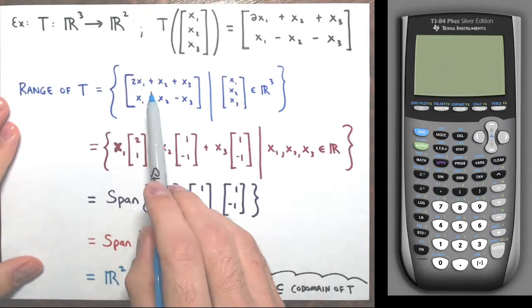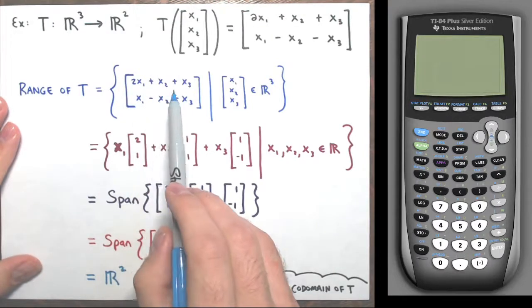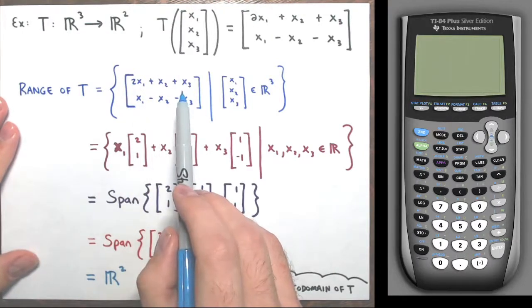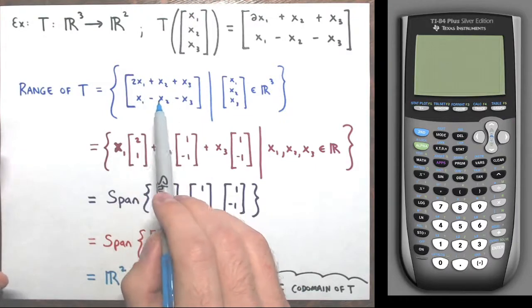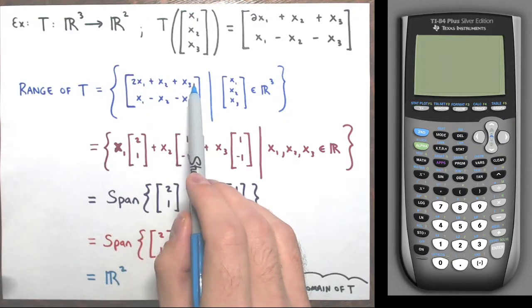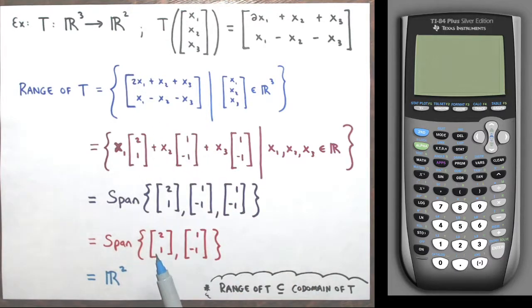But if you think about this, this is a 2x1 matrix, 2 rows, 1 column. And again, these are nice and linear. All the variables are to the first power. There's no constants being added, no plus 5 or minus 3. So in that case, when you had linear expressions, you could actually split it up into the sum of a bunch of vectors.